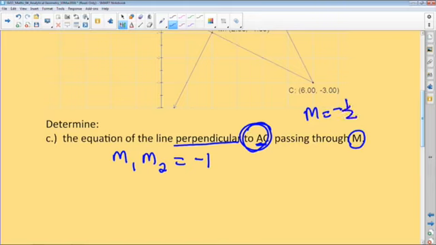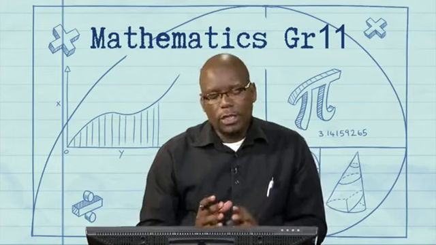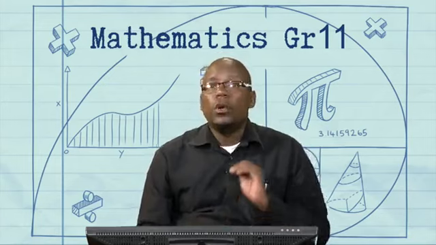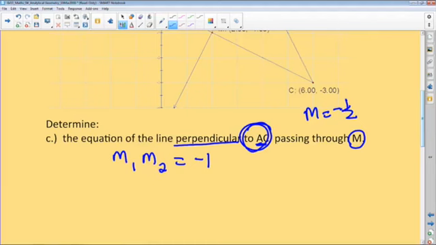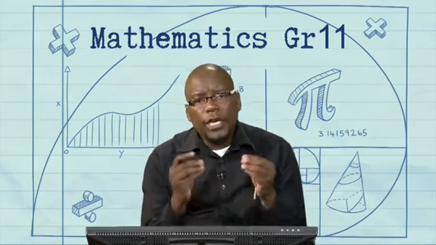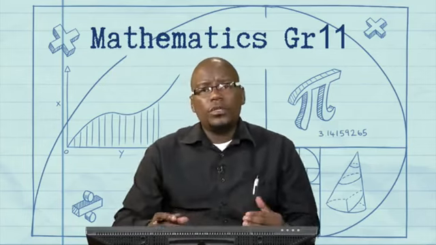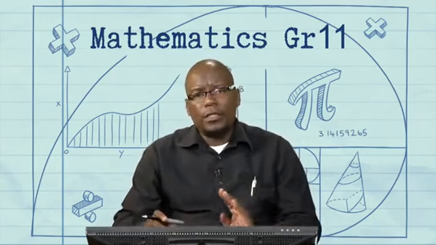Now, the gradient of the second line. Now, go back to your question. Determine the equation of a line. So we're determining, okay, we're working out the equation of a line that is perpendicular to AC and passing through M. And now remember, guys, at the end of the day, you have to have your equation in a standard form, which is the equation of a line y equals mx plus c.